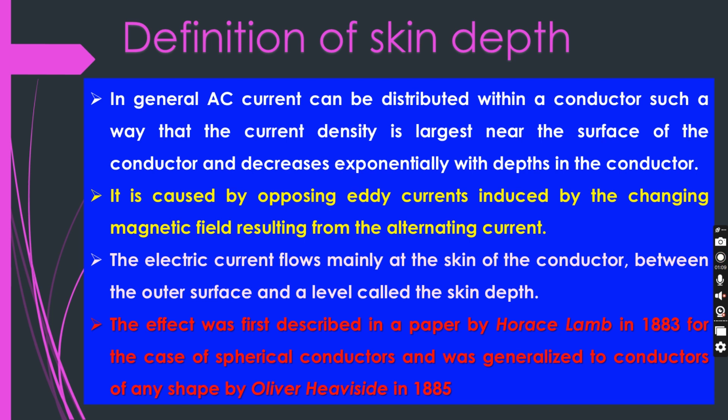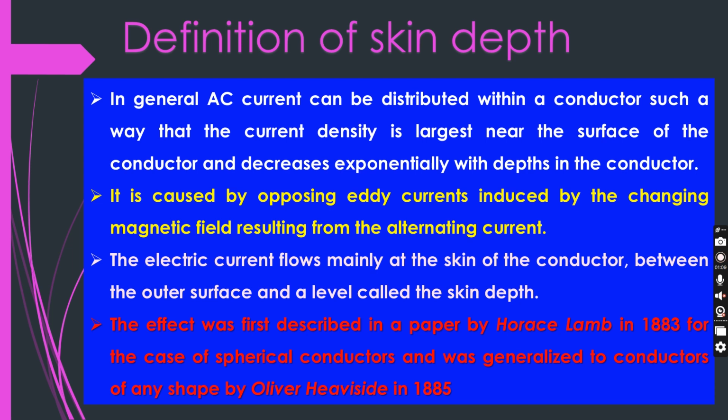It is caused by opposing eddy currents induced by the changing magnetic field resulting from alternating currents. As I told, alternating current is required, AC current, in which the electric field always keeps changing, which also results in a changing magnetic field, and due to that changing magnetic field a secondary current forms, which is called eddy current.